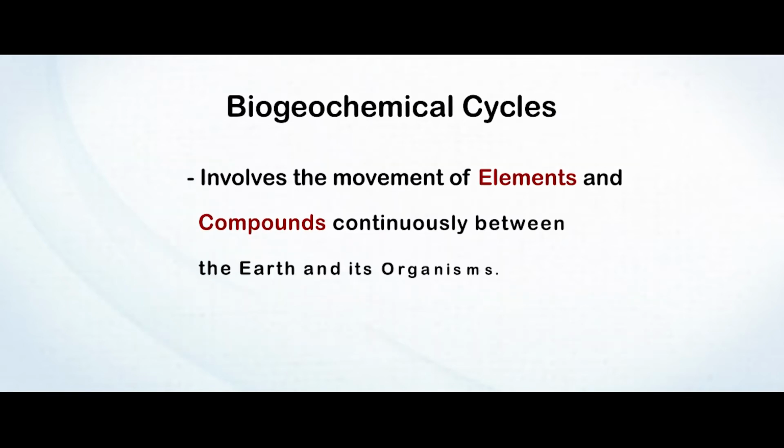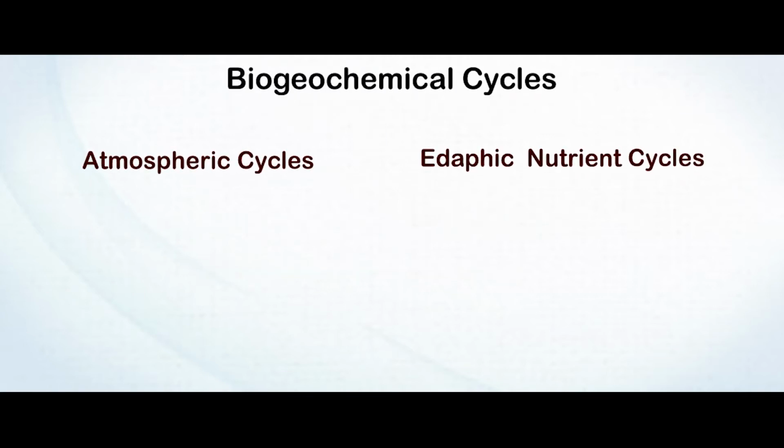The biogeochemical cycles are the biological, the geological, and the chemical cycles that involve the movement of elements and compounds continuously between the Earth and its organisms. The biogeochemical cycles are categorized into 2: the atmospheric cycle and the edaphic nutrient cycle.